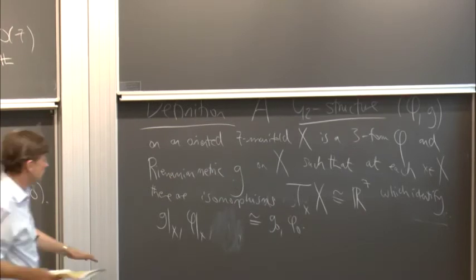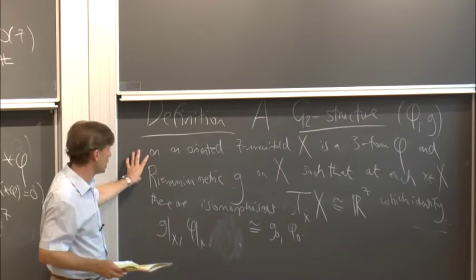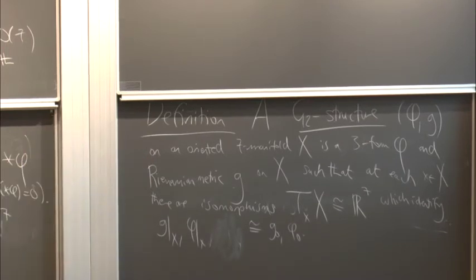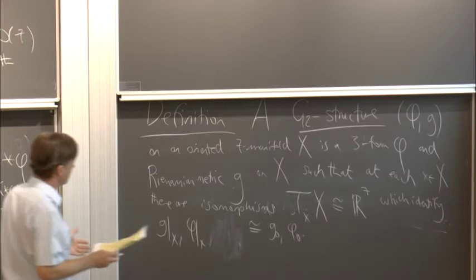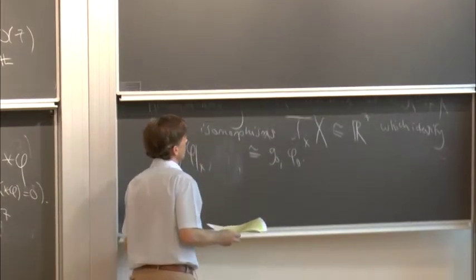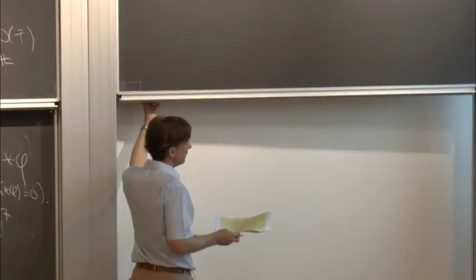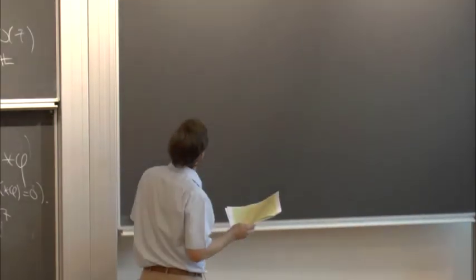Okay, so that's our notion of G2 structure. We're not requiring nabla phi and nabla star phi to be 0 at this point. We just require the pointwise conditions, not the partial differential equations.